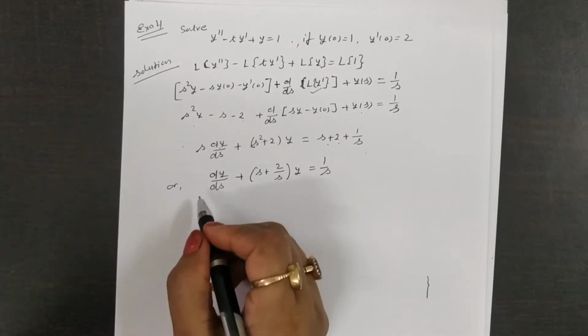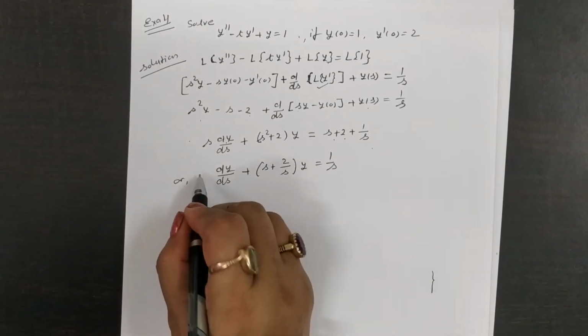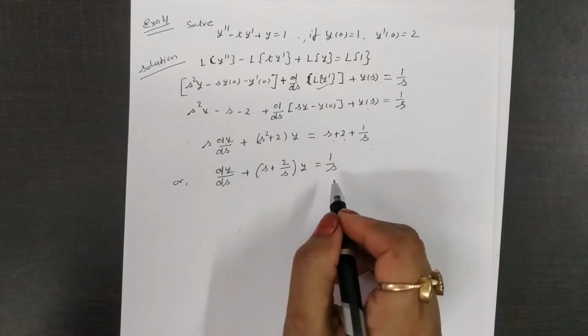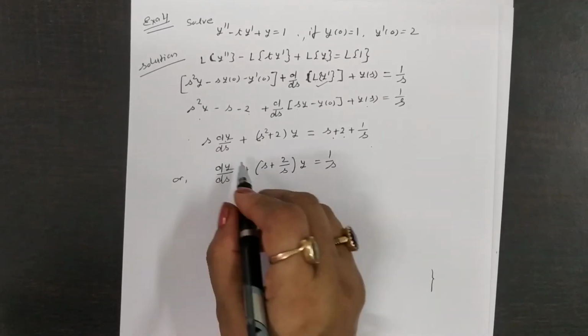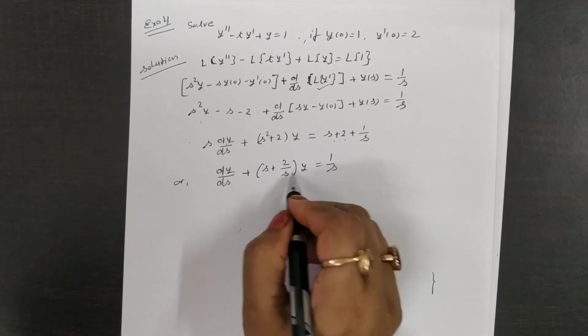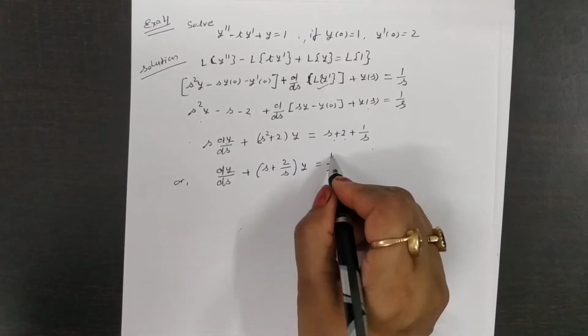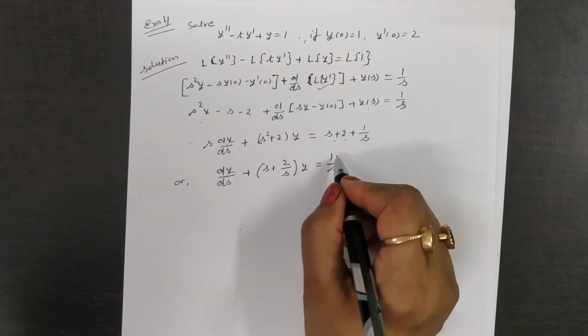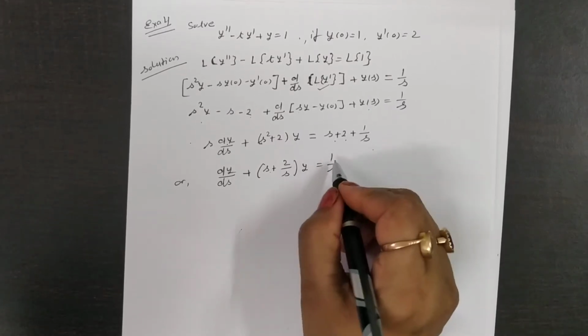So operating with s here, this becomes dY by ds plus (s square plus 2) by s times Y, and this can be written as 2 by s plus 1 by s square.